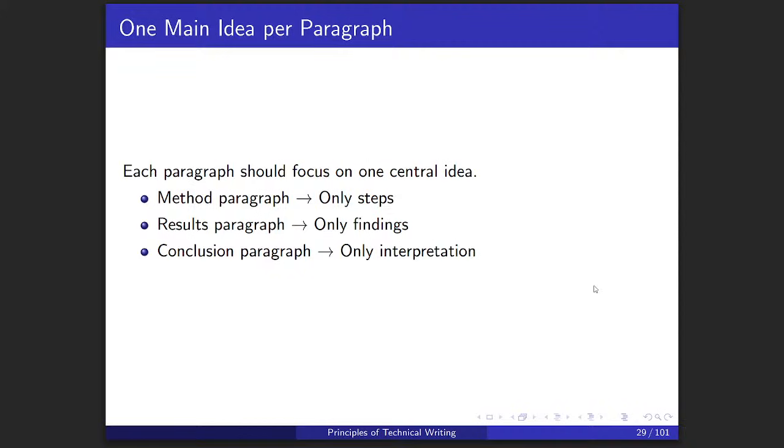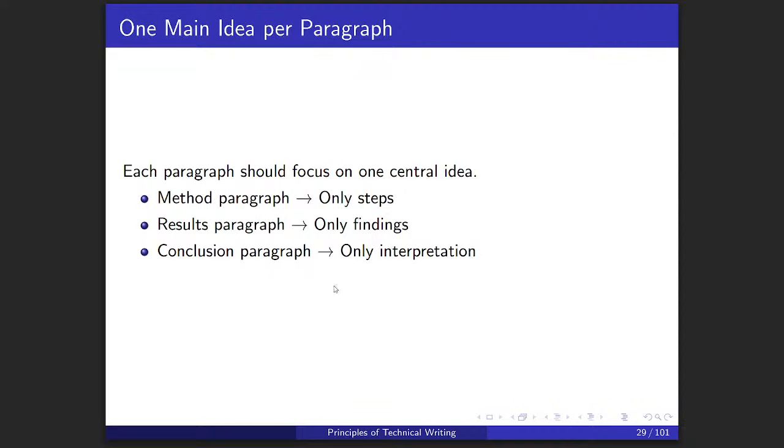Now, one main idea per paragraph. Each paragraph should focus on one central idea. If you are writing a method paragraph, you need to mention only the steps that you have followed in the experiment. If you are writing the results paragraph, you need to write the findings of the project that you have done.